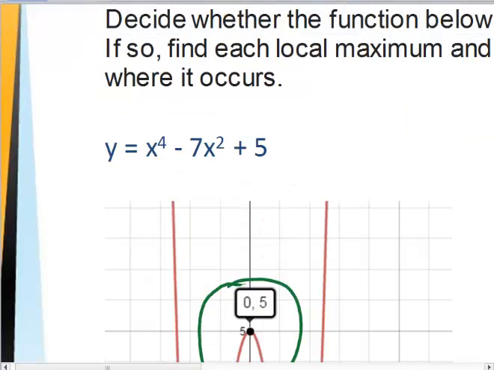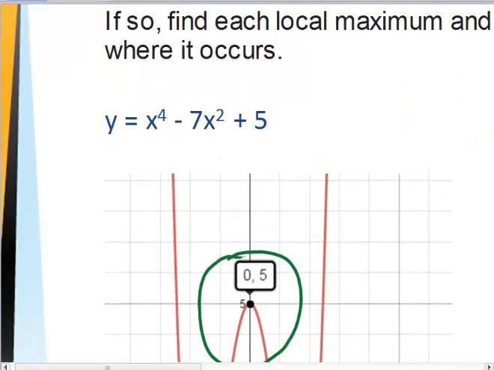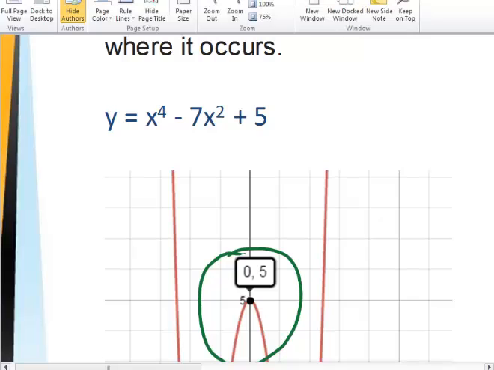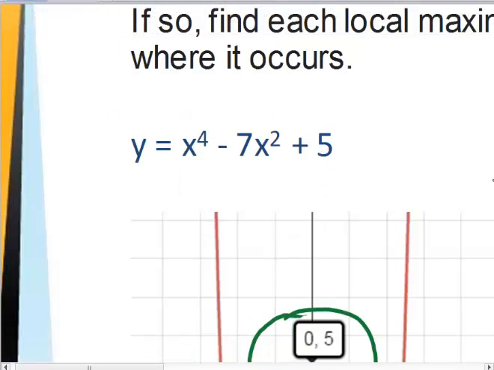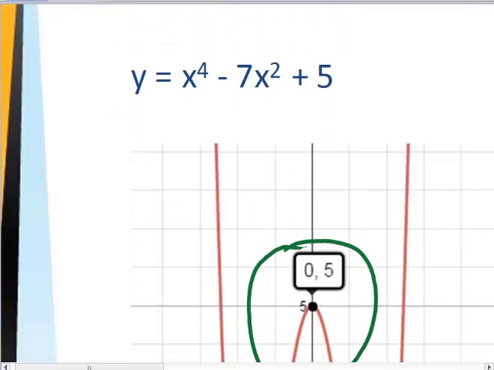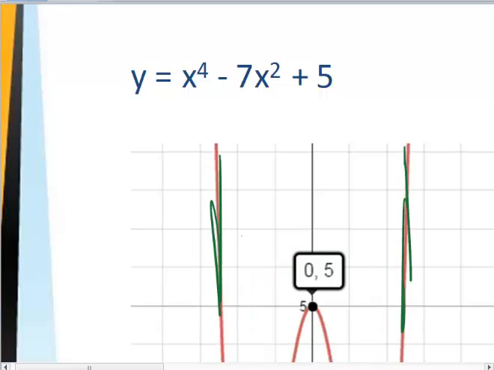I hope I have enough zoom capability. If you were to just look at this part right here, and you didn't see these lines, you would say that this is a max, but it's really just in the local area of this window that it is a maximum.